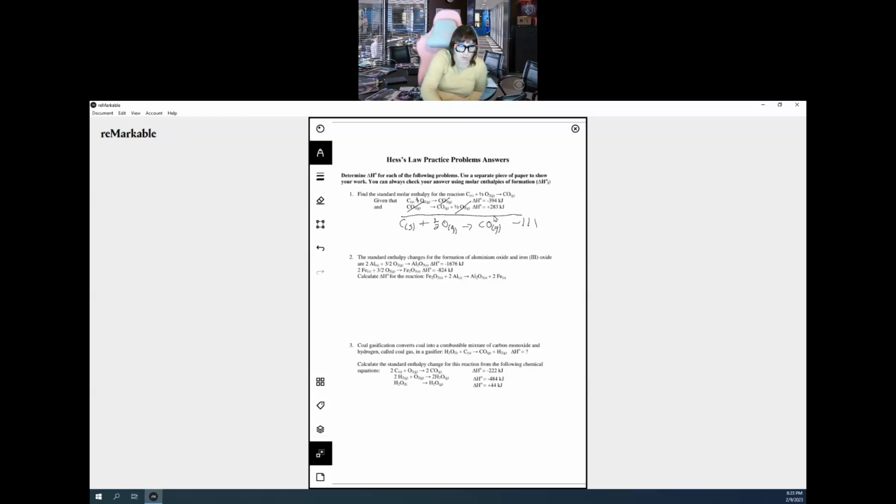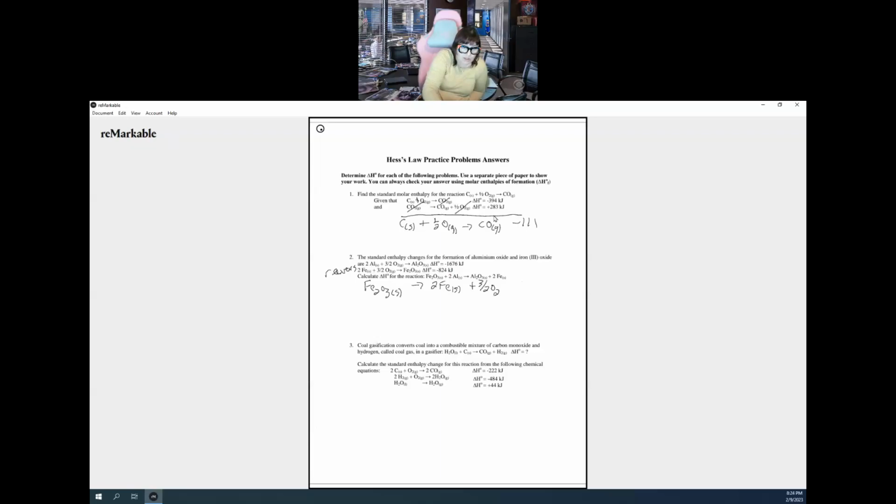So my first reactant in the reaction that I want is this Fe2O3. That's a product here, so I'm going to have to reverse this. And so when I do that, Fe2O3 solid goes to 2Fe solid plus 3 halves of an O2.